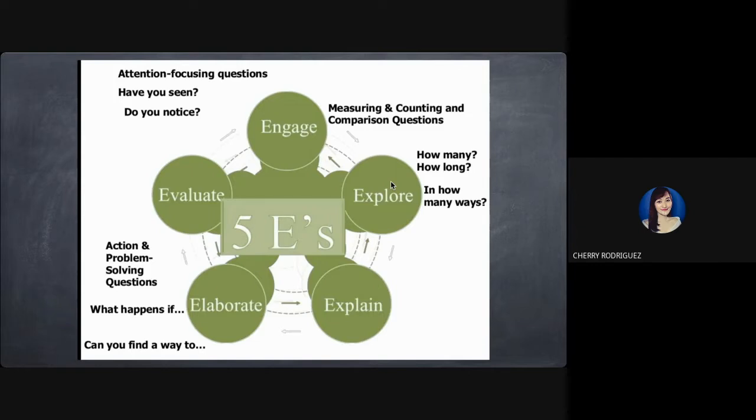In the explain part, we have the activity and also the discussion part of the lesson. Then elaborate: what happens if, can you find a way to; it is the part of deepening the idea that we formulate throughout the discussion. And evaluate is the action and problem-solving questions, which also include the application part.